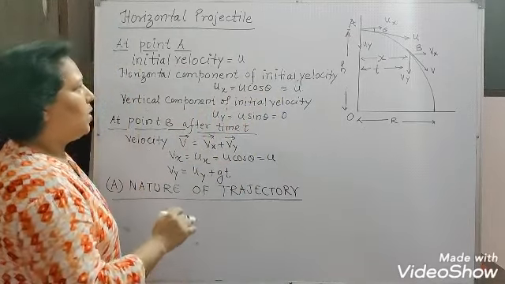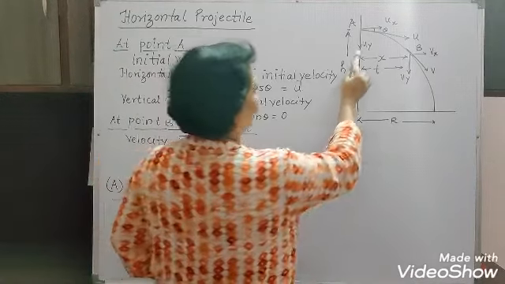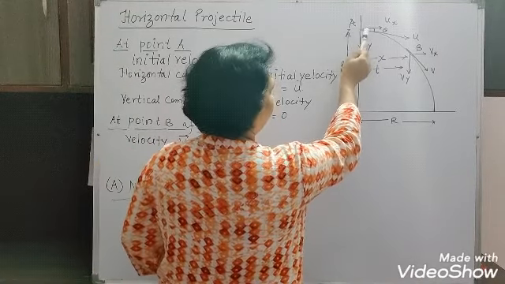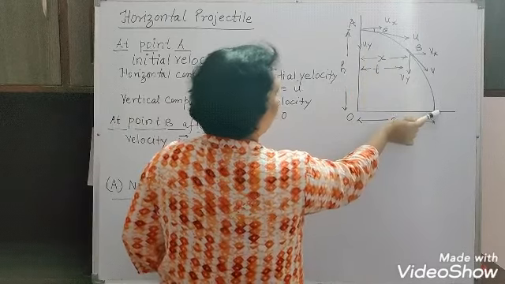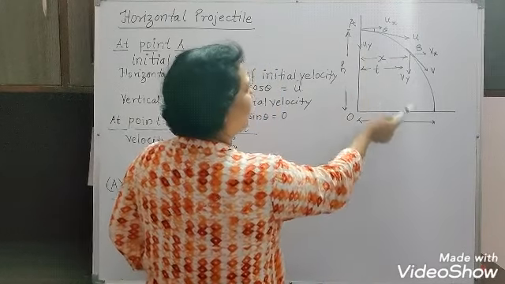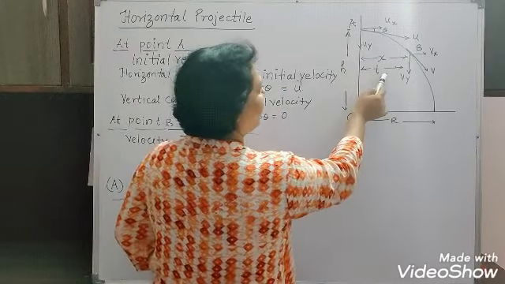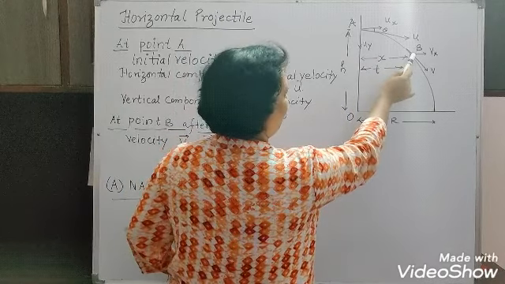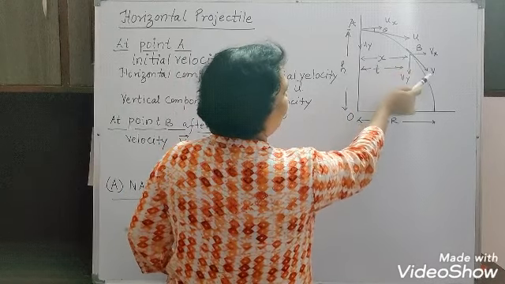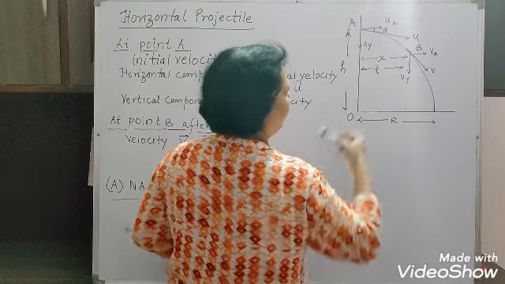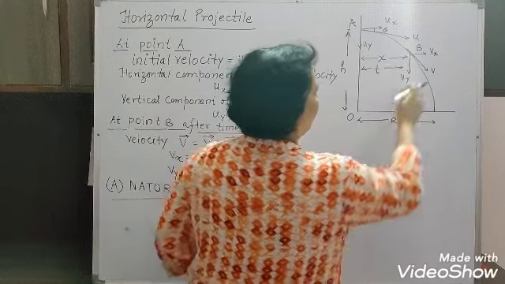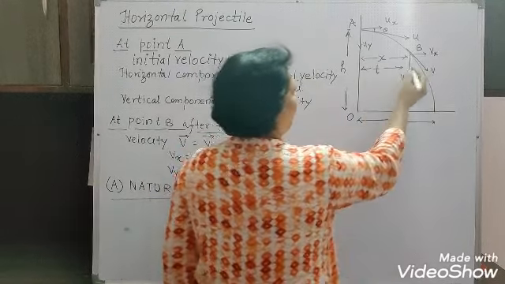Now after some time t, you can see that the object traveling in this path, doing the projectile motion, reaches the point B. At point B, the velocity is v, which is again resolved in two components, vx and vy, the horizontal component and the vertical component.